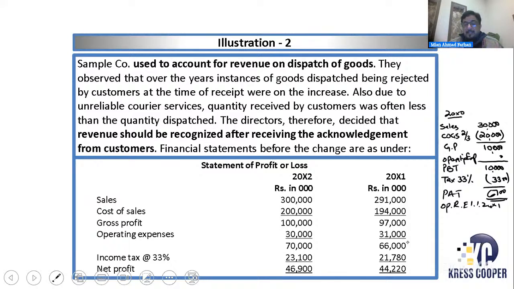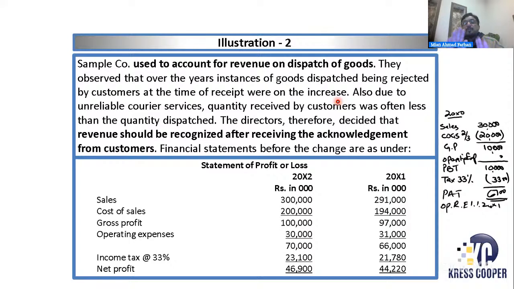So what came up is that they observed that over the years, instances of goods dispatched being rejected by customers at the time of receiving the goods are increasing. Means when you are dispatching, you are saying that now the control has been passed to the customer at the time of dispatching from your factory gate.